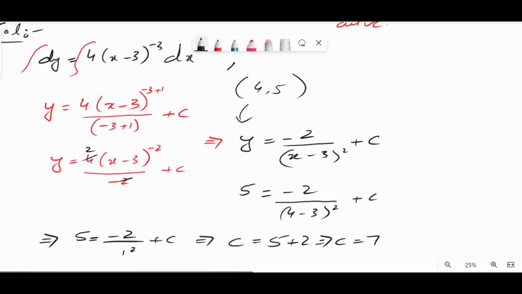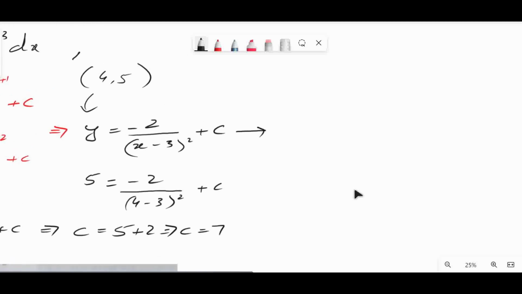Now, what will be the final answer? We have to put the value of c in this equation. So the final answer will be y is equal to minus 2 divided by (x minus 3) whole square plus 7.